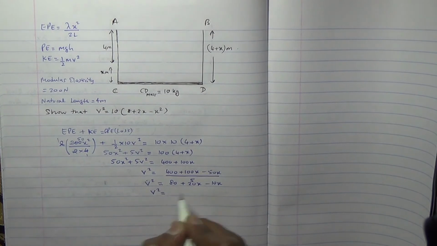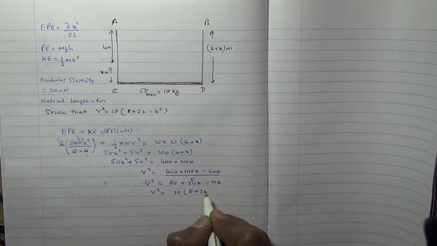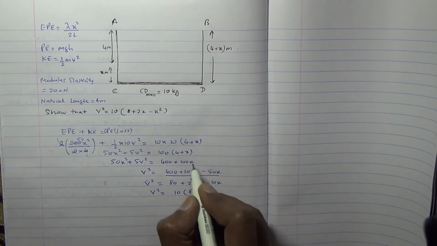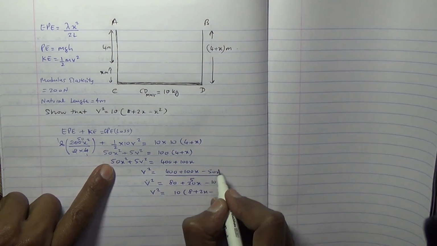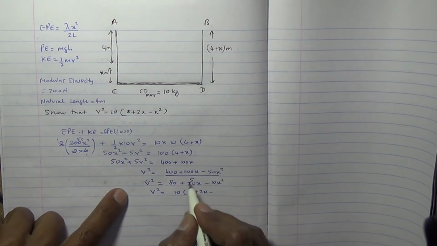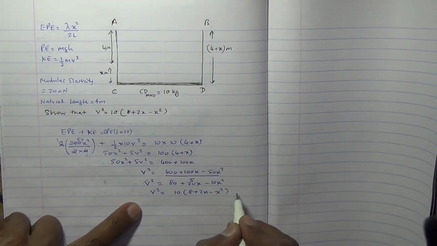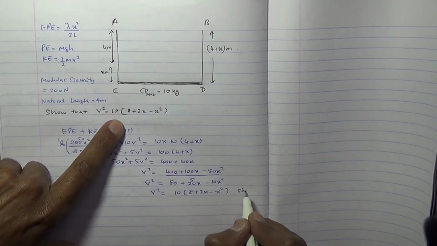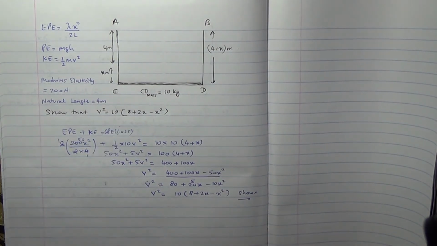We can simplify further by putting the 10 outside, and I'm left with 8 plus 2x minus x squared, and it has been shown, as you can see. So this is the first part of the question.